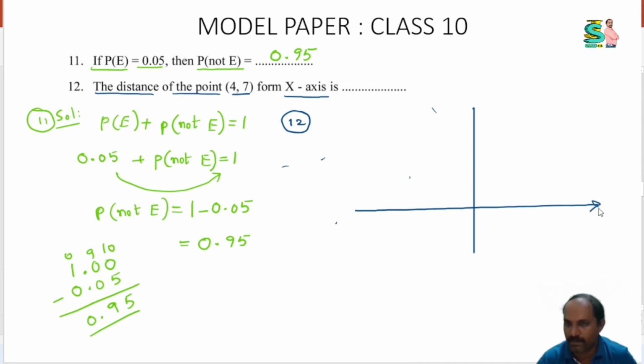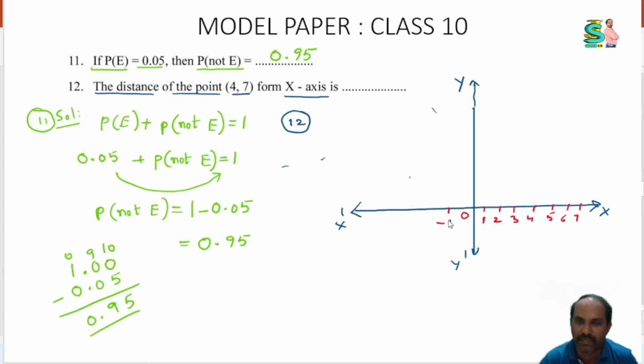On the x axis this side is x dash, upside I will draw a little more y, and here y dash. This one is 0 and 1, 2, 3, 4, 5, 6, 7.